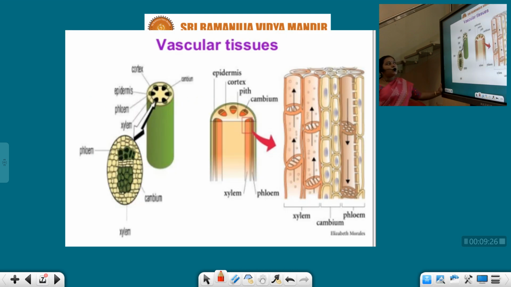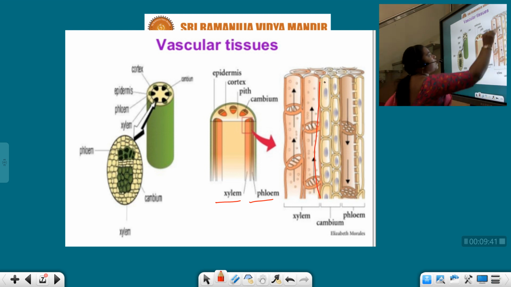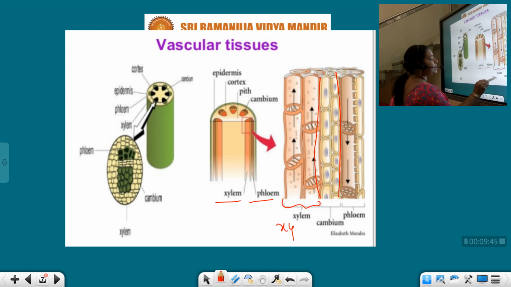Right. Let us talk about the vascular tissue. This is the diagrammatic representation of the vascular tissue. See, xylem, phloem, and in between the xylem and the phloem, it is having the vascular cambium. This particular part is xylem, students, and this particular part is phloem.